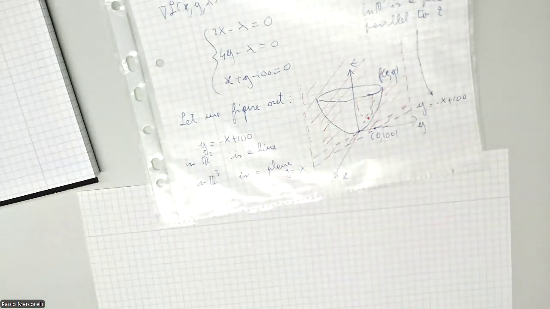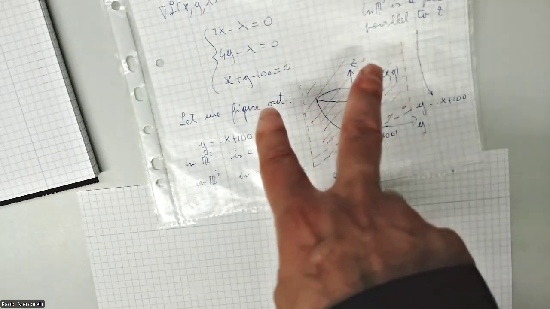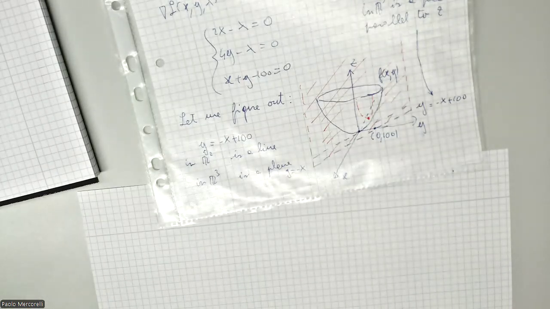Now, in order to remember the red set, which is in the plane, first of all, and is parallel to z. I don't know if you remember the lecture when I introduced the hyperplane. If I assume that my environment, my room, is in 3 dimensions, this means I assume that z exists.